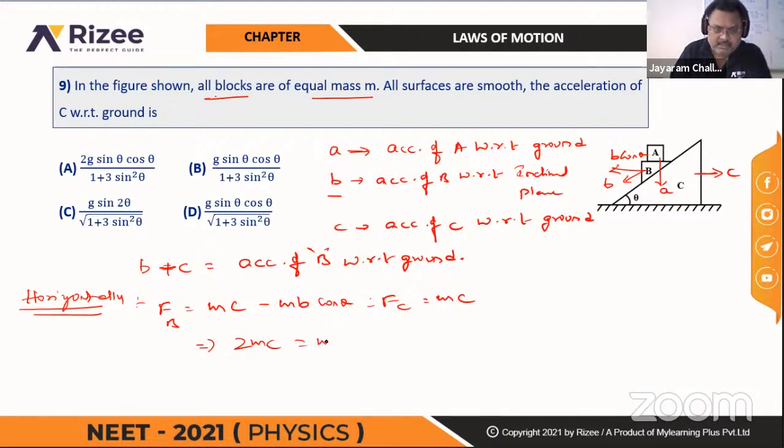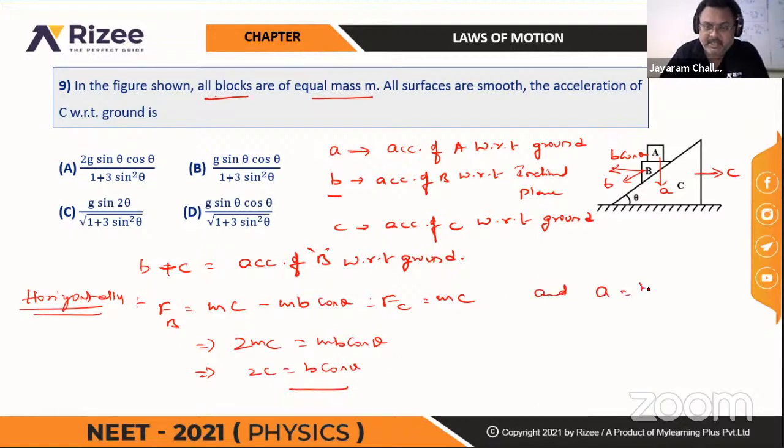So this is equal to m B cos theta minus 2m C, and the relation between block C acceleration and block B is 2C equals B cos theta. That is the first information, and the second information is that acceleration A is equal to B sine theta.